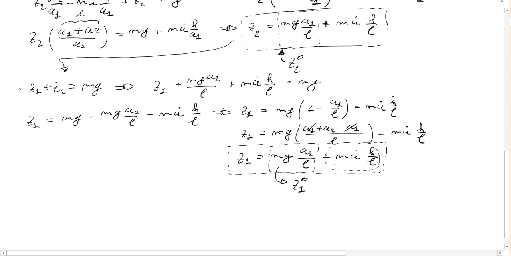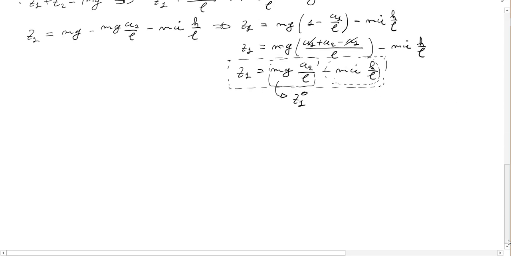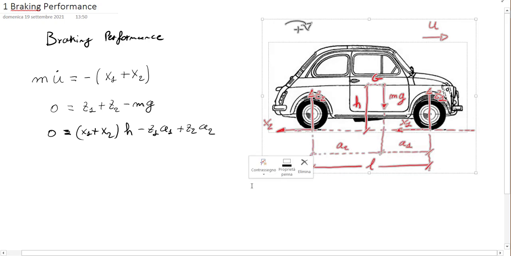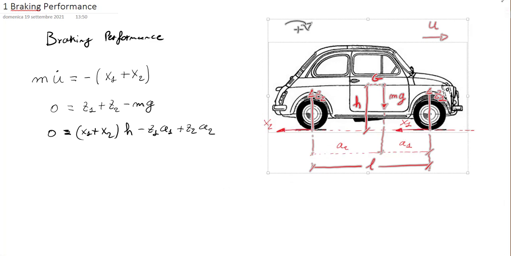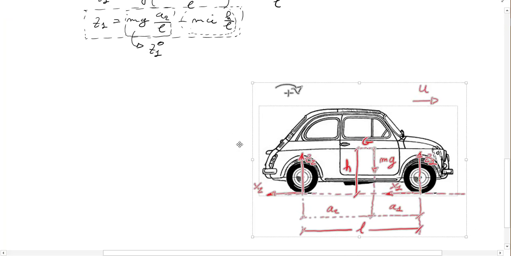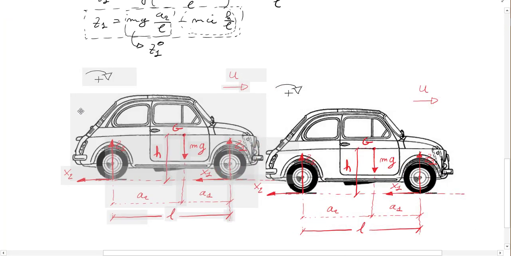Okay, let's interpret the physics here. So what we know is very simple. Let's use the figure that we saw in the first lesson. We just have to copy and paste it here, exactly the same figure. Let's move it a little bit.